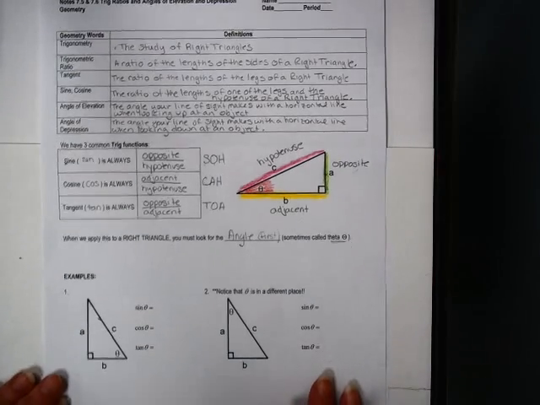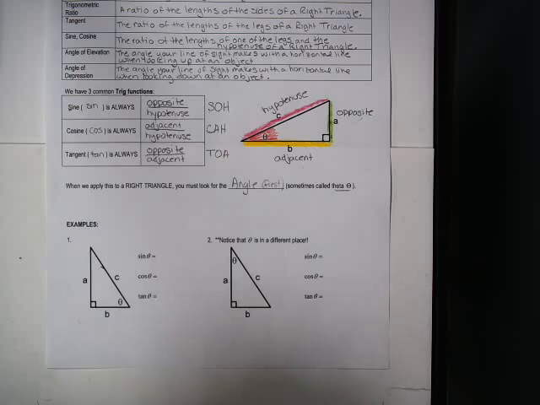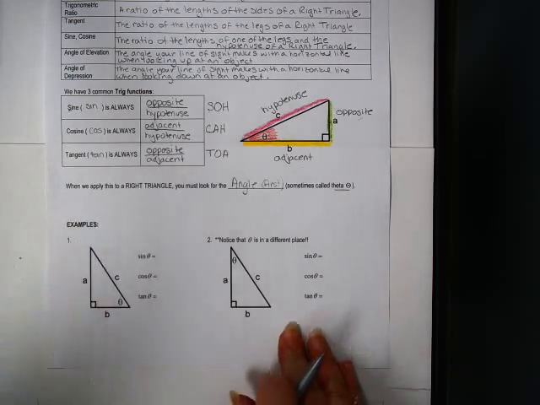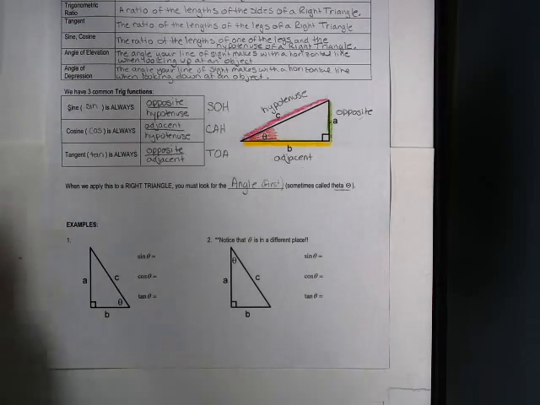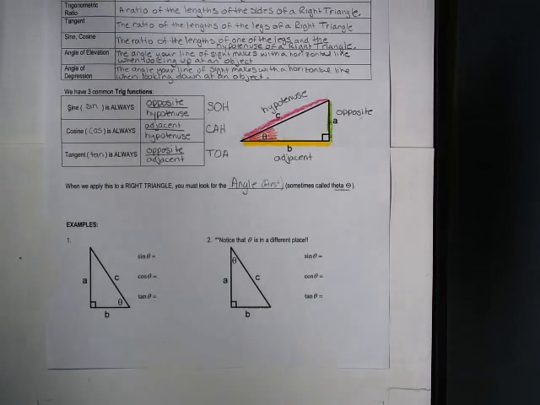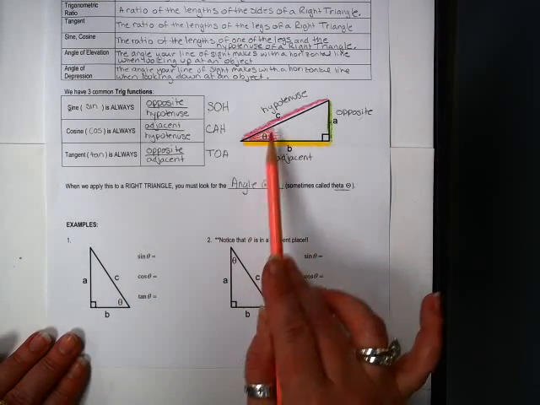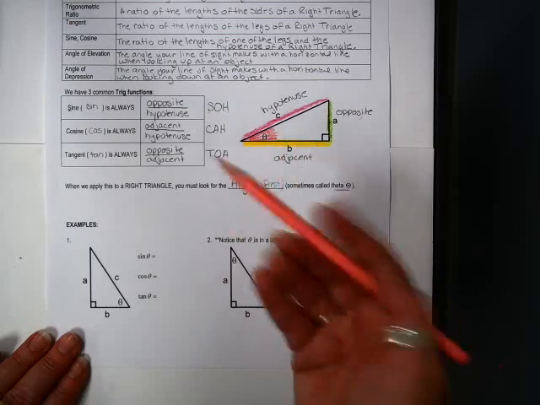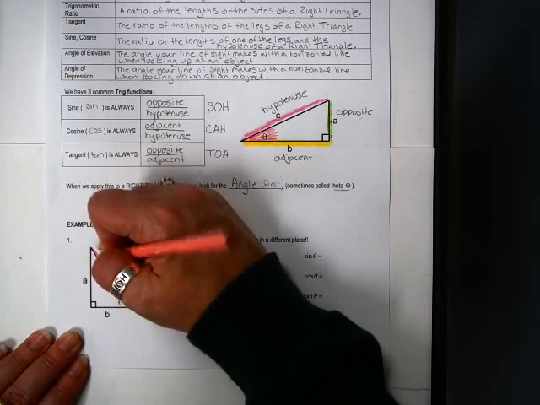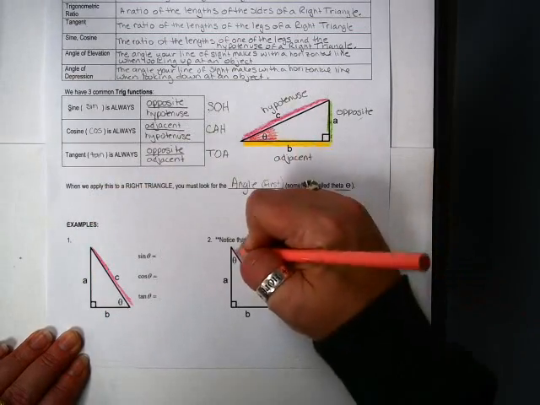Okay, here's some examples. I'm going to use my same colors. The pink was for the hypotenuse, so here I'm going to color the hypotenuse pink.